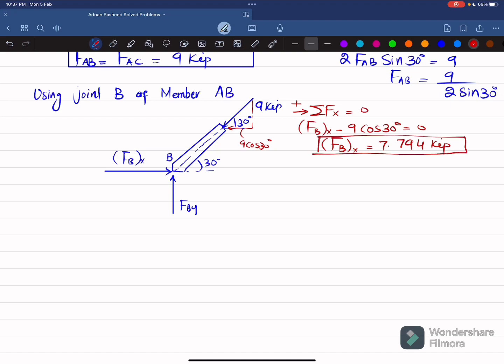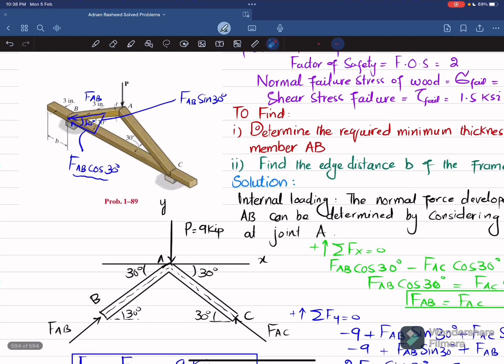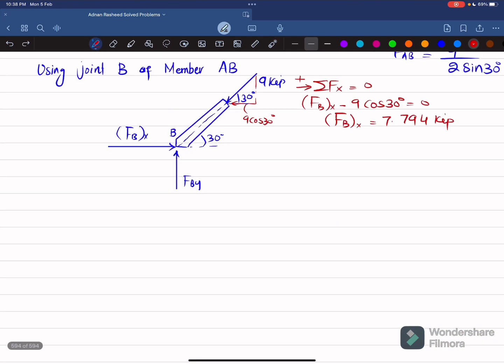Now this horizontal force is actually exerted by this member over here. As a result, this horizontal force will produce shear in this area. So if I draw a free body diagram of that portion, this is the portion where a net force of FBX is applied, and due to that we have a shear V, which is taken as VAA. What is AA?